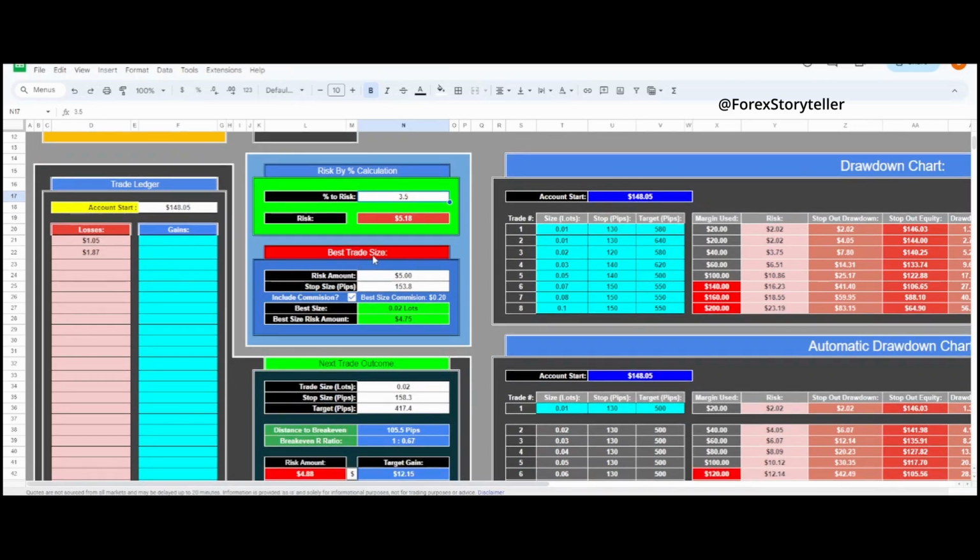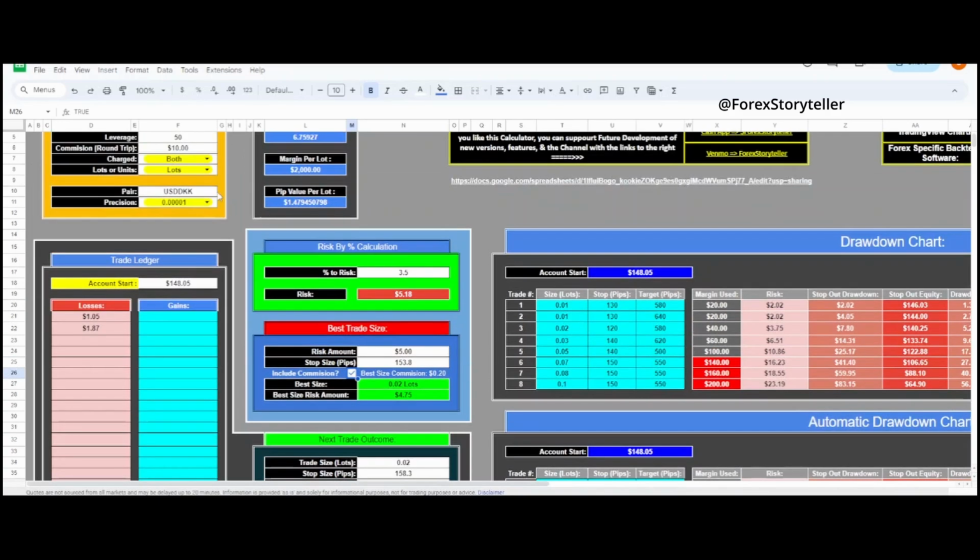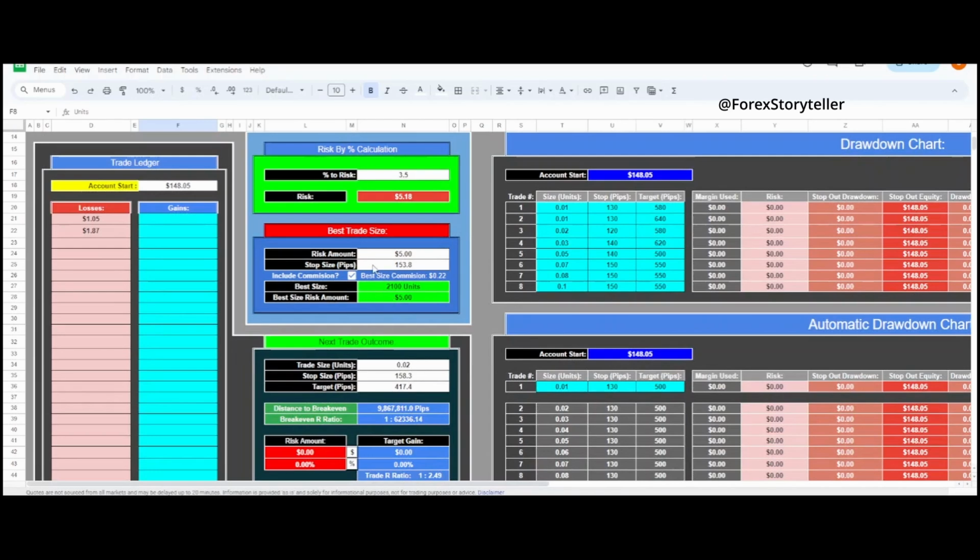Then you come to the next section. It's basically a best trade size, so you can determine your risk and put in the risk amount. What is the stop size for the current trade you're looking to take? And then you can also choose here whether or not you want to include the commissions in factoring in that size. It's also going to work well, especially with units. So with the commissions, you're looking at 2,100 units.